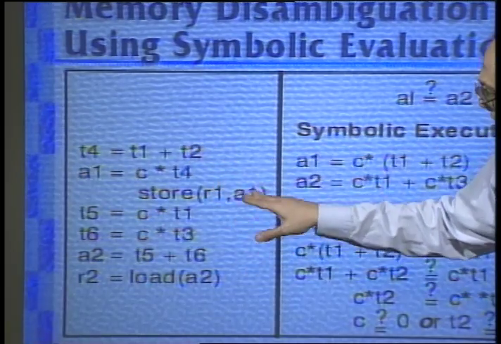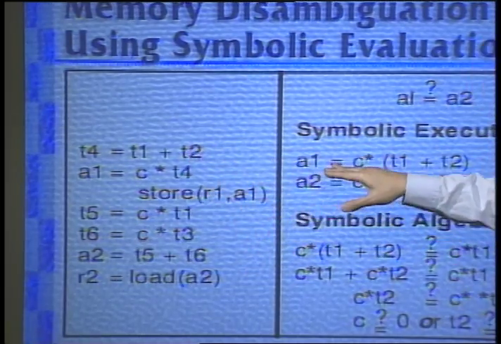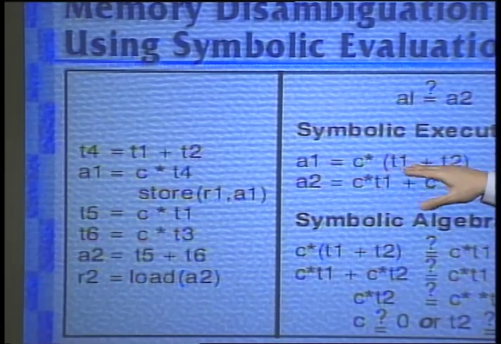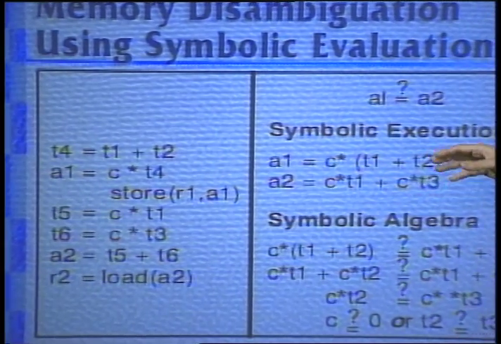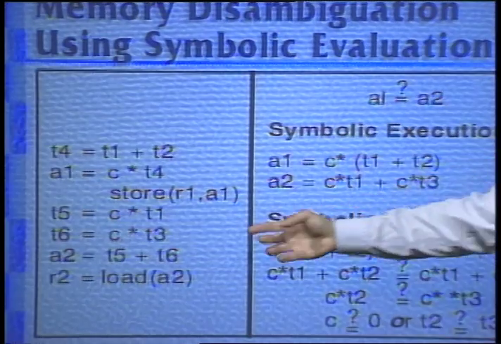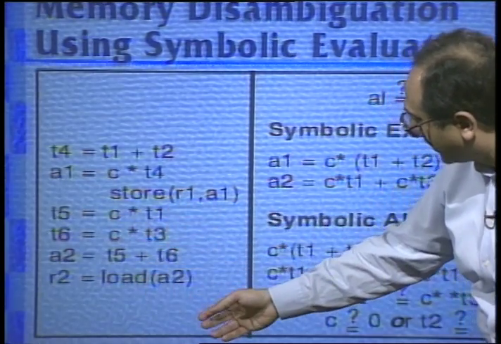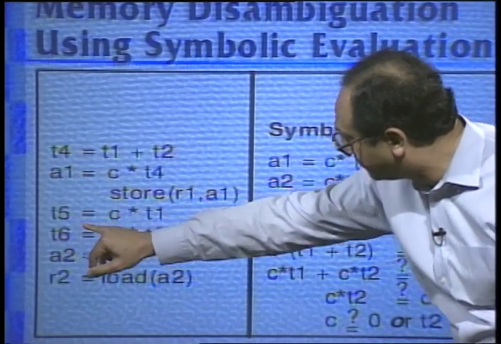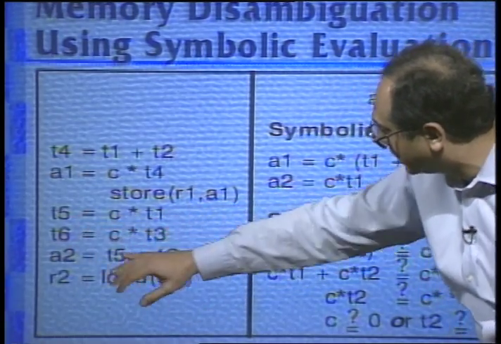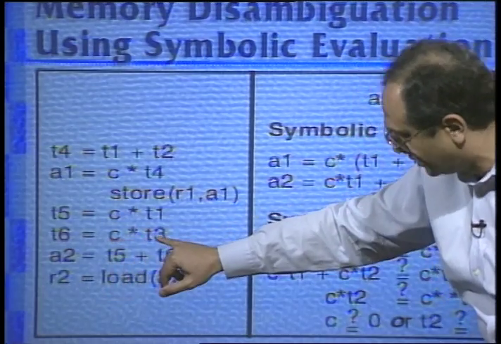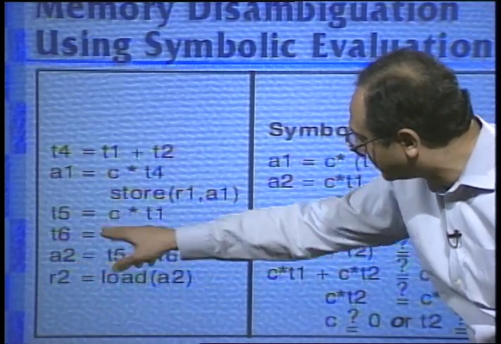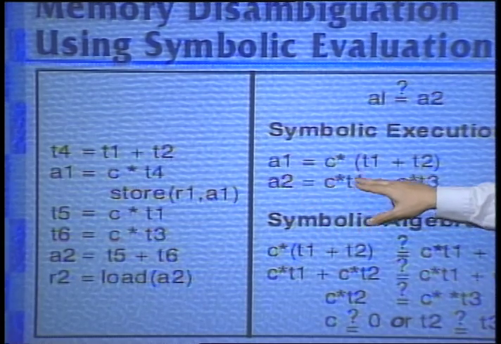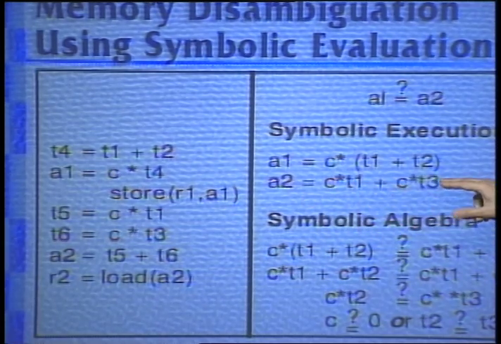So we can represent A1 in this form as being C times (T1 plus T2). Similarly, by doing symbolic execution over here, we can find that T5 is C times T1, T6 is C times T3, and A2 is the sum of those two. So A2 is this plus that.